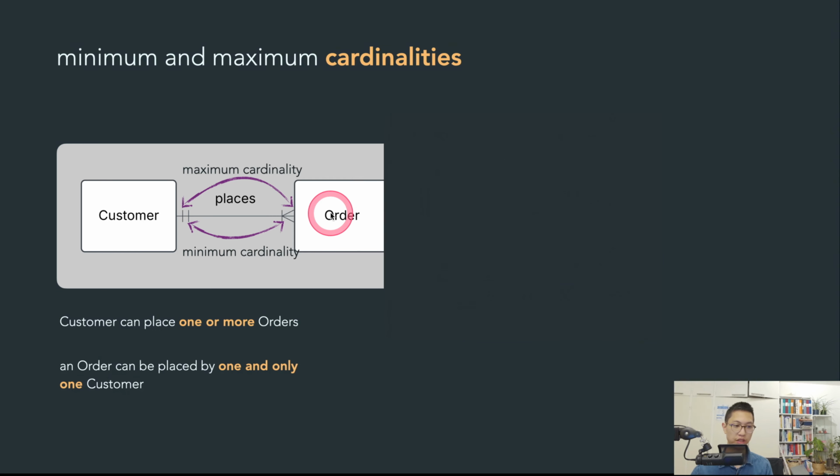An order can be placed by 1 and only 1 customer. This is a one-to-many relationship, or many-to-one if you read it in the other direction, from order to customer.